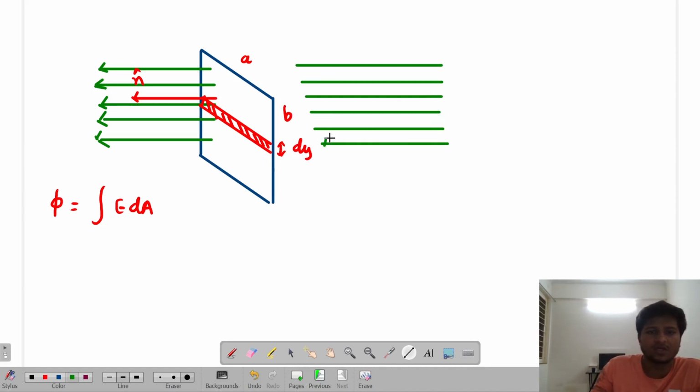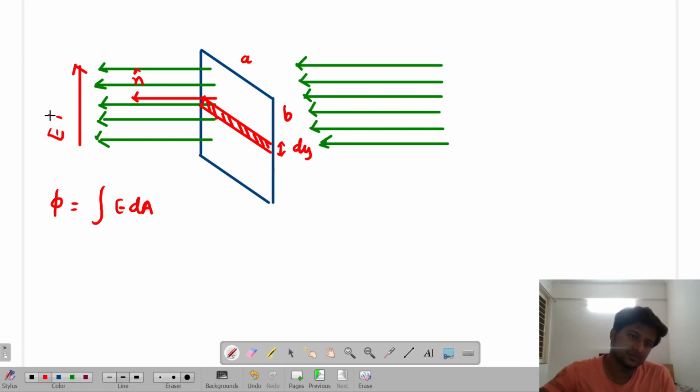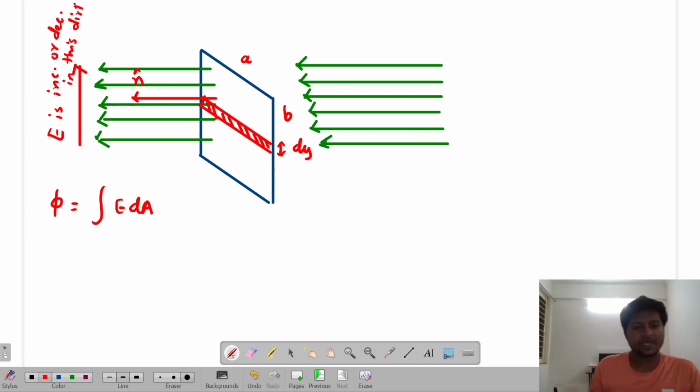See, here I represented the electric field line varying along the direction perpendicular to the direction of the normal, isn't it? It means these electric field lines were increasing or decreasing in this direction. Isn't it?